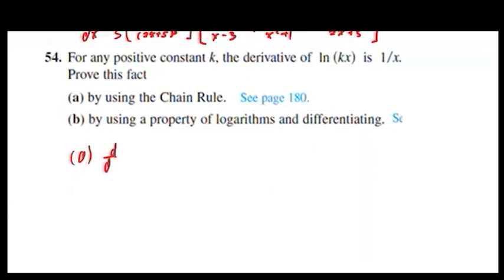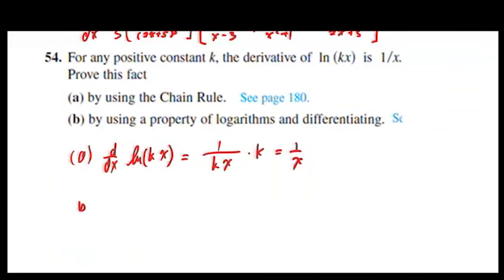So, derivative of ln kx. Okay, that is 1 over kx. And then inside the ln, derivative of this inside is k. And then that's 1 over x. Oh, how about that?